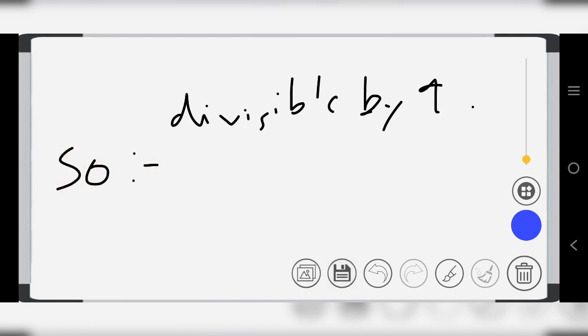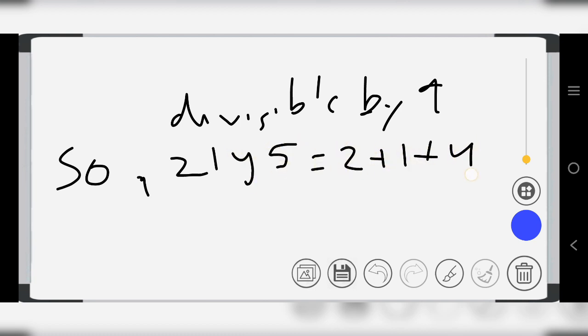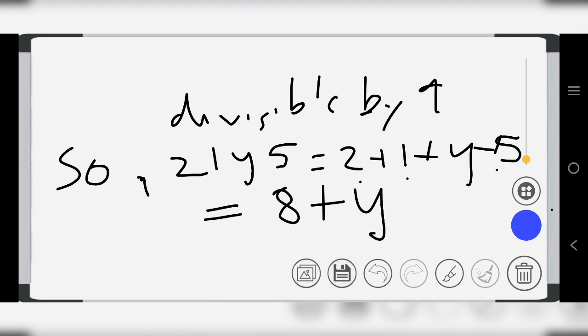So 21y5 is equal to 2 plus 1 plus y plus 5. If we add 2 plus 1 plus 5, we are going to get 8, so we'll get 8 plus y.